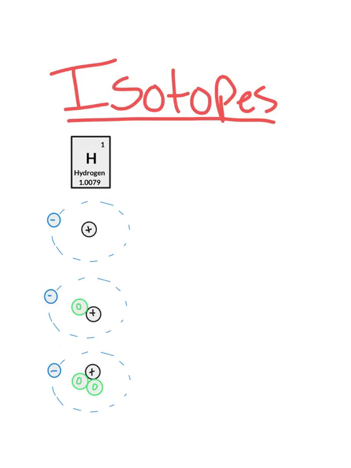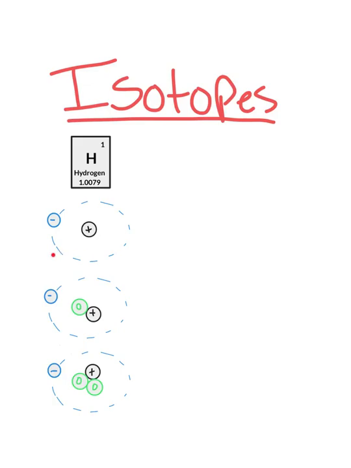Now, the reason we call these isotopes is because they have something different between the 3 of them. Even though all 3 of them are hydrogen, because they have 1 proton and 1 electron, these 3 atoms have a different number of neutrons. The first atom has no neutrons in its nucleus.